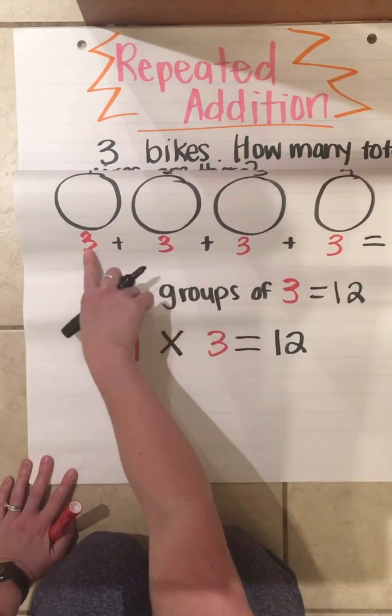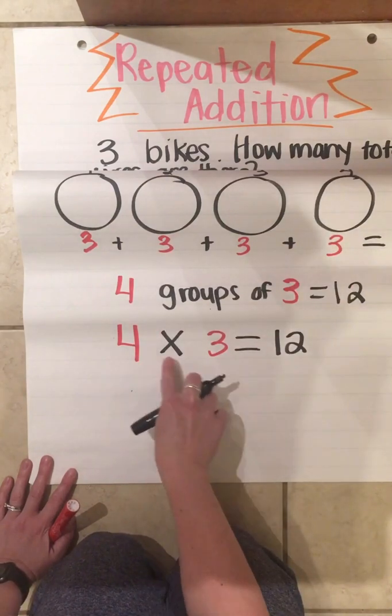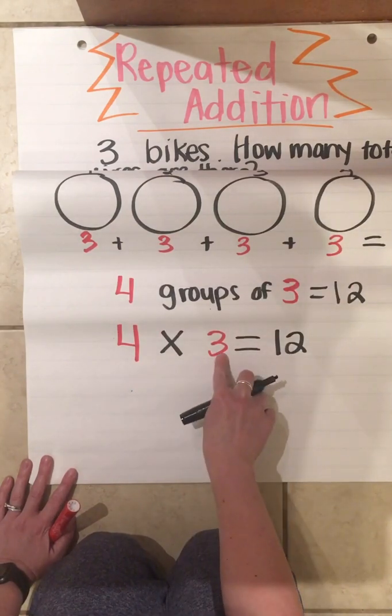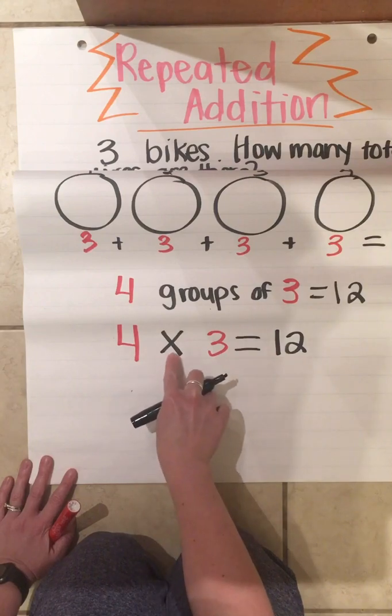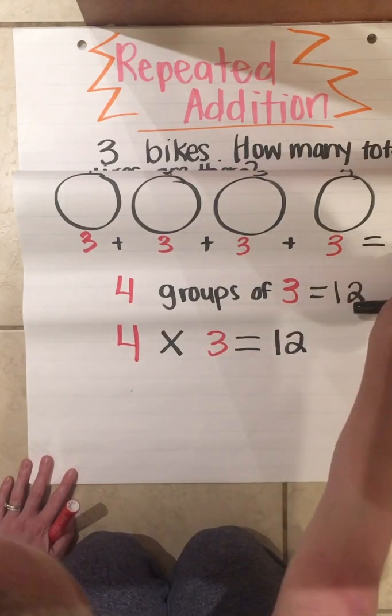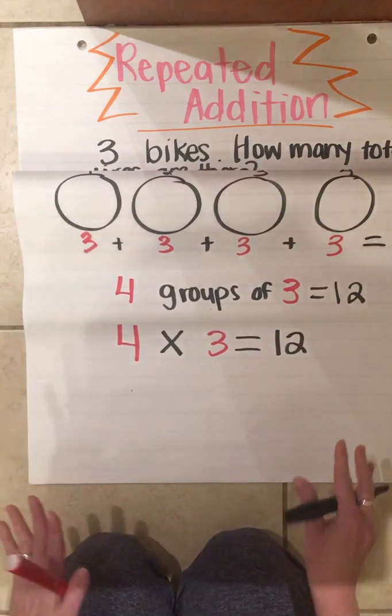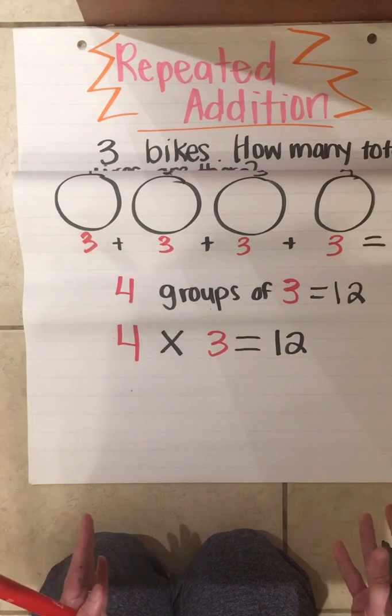But instead of writing out 3 plus 3 plus 3 plus 3, you are writing 4 times 3 or 4 groups of 3, okay? And as you can see, for each way we write this, we get the same answer, okay?